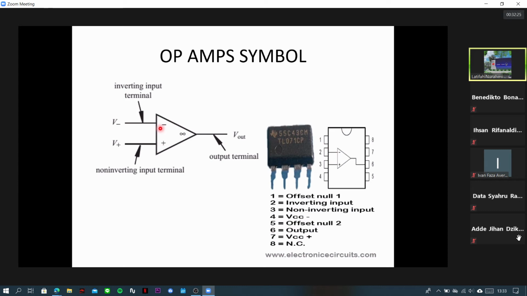The minus is the inverting input and the plus is the non-inverting input. And the output voltage is always coming out from the other end of the triangle. One thing is missing here: the DC source voltage is coming here.